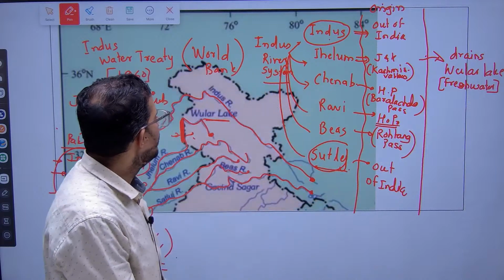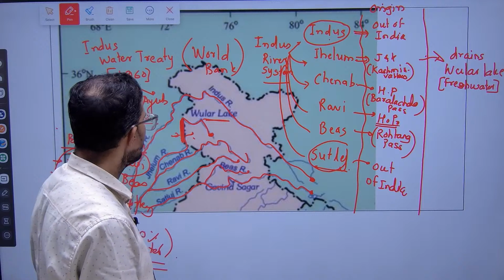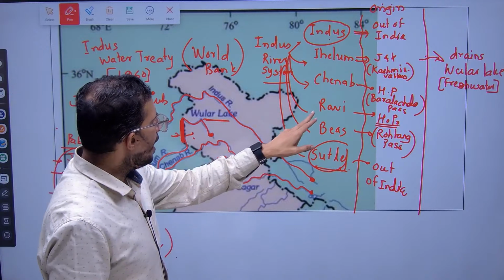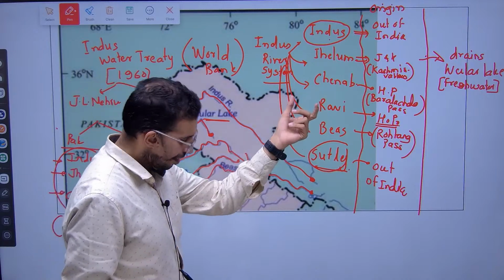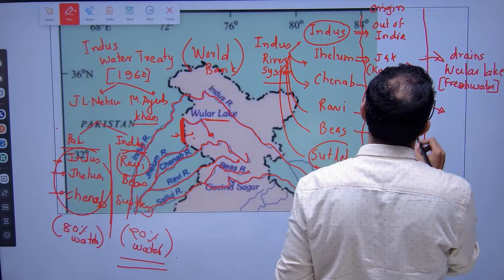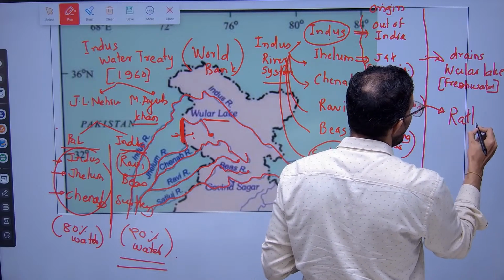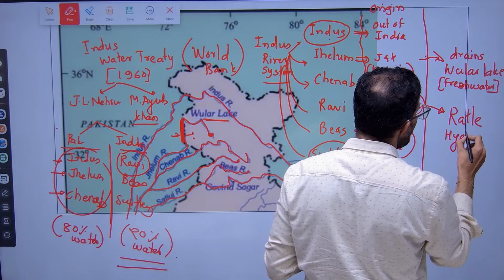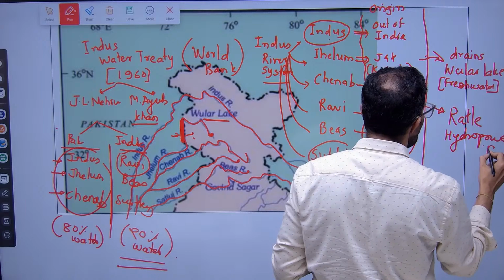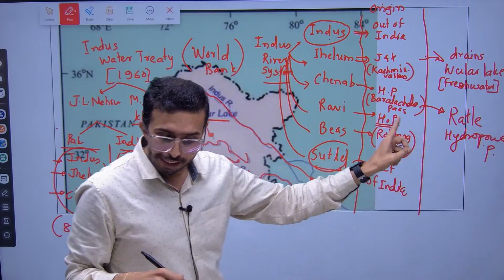Then Chenab. Observe this Chenab river. Then Ravi. If you see the Chenab river, write down on the Chenab river, there is a Ratle hydropower plant. Hydropower plant is situated on this river, Chenab river, because these are repeatedly used.